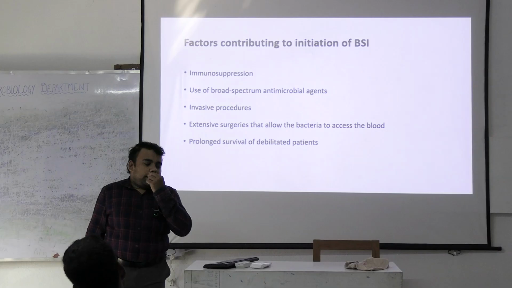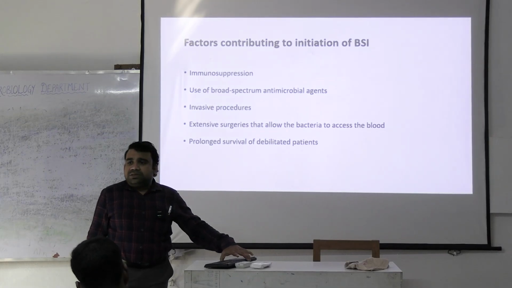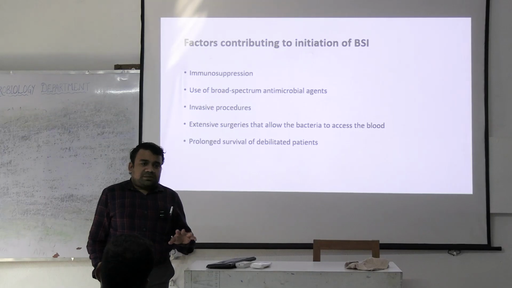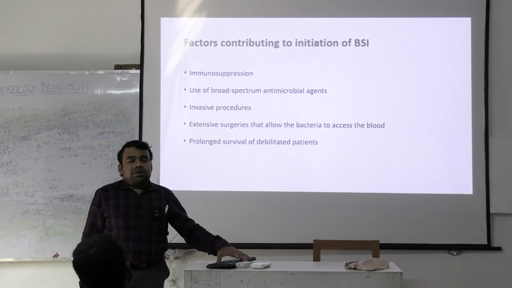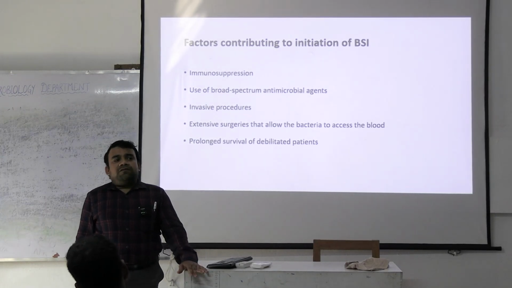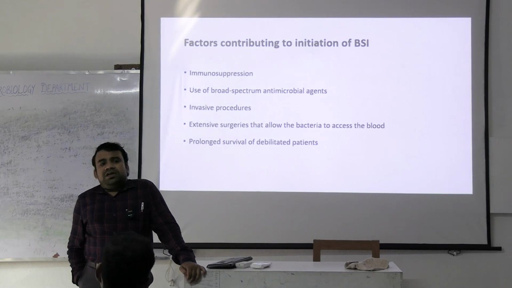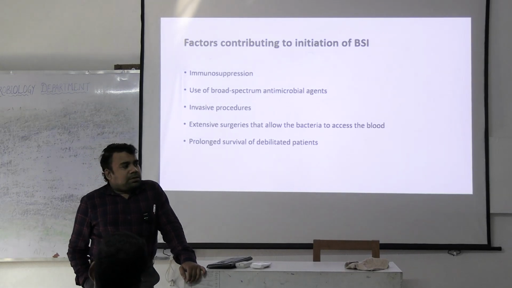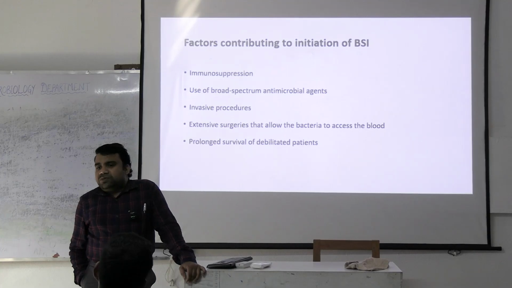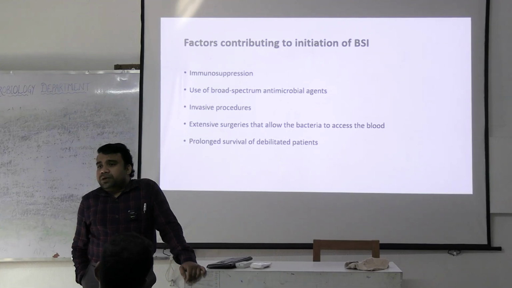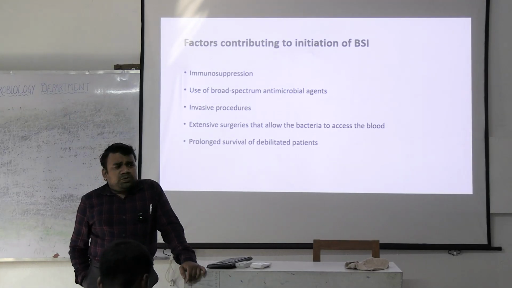Actually, what happens is that when we are using broad spectrum antibiotics, we are changing the flora of the gut. Let us suppose a normal human being will have a particular type of bacteria in the gut. Now, if I give broad spectrum antibiotics, what will happen? The commensal bacteria will die, and some bacteria will remain. Which bacteria will remain? Those which are resistant to the antibiotics.